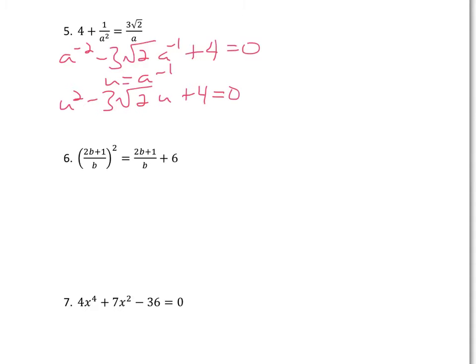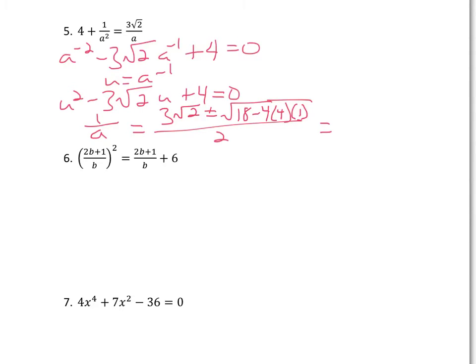I would just write it as 1 over a, or a to the negative first, equals negative b plus or minus the square root of b squared minus 4ac all over 2a, which is equal to 3 root 2 plus or minus root 2 all over 2.